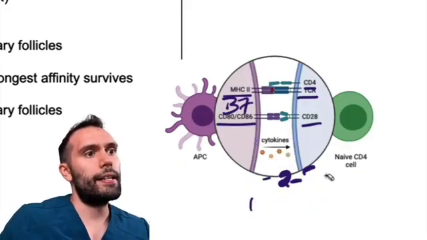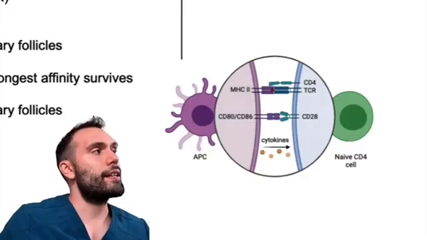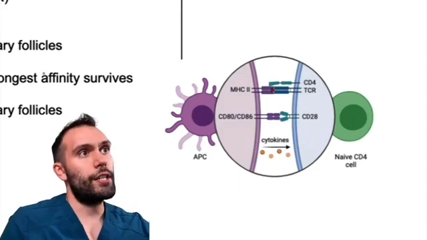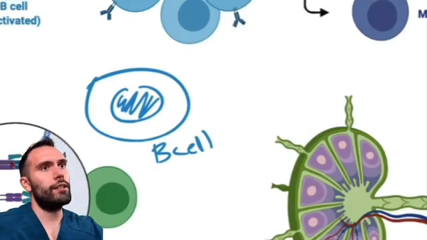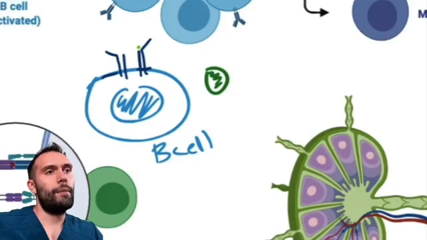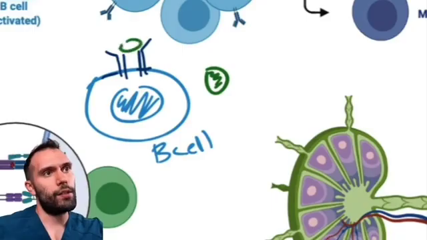Now, the B cell, like I said, can also do the same things as an antigen presenting cell, in the sense that it can also interact with bacteria and then present them on these immunoglobulin receptors. And that's essentially what you see here. So let's just say that we have a B cell here, and maybe there's some extracellular bacteria here. So this B cell might come into contact with this bacteria, or potentially this bacterial antigen, and maybe it's a perfect fit for its B cell receptor up here.